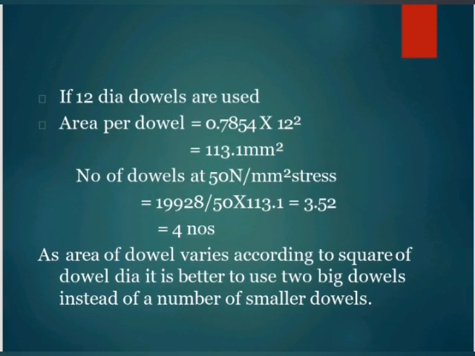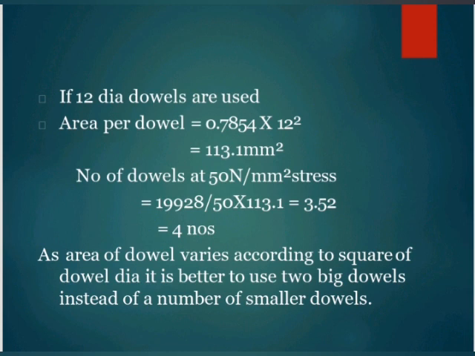If 12 dia dowels are used, then area per dowel is equal to 0.7854 into 12 square, which is 113.1 millimeter square. Number of dowels at 50 Newton per millimeter square stress is equal to 19613 divided by 50 into 113.1.